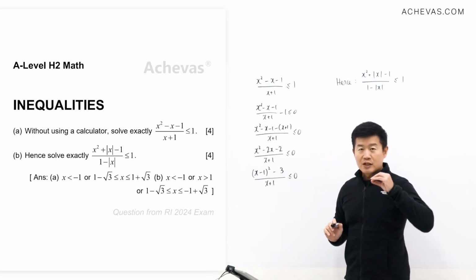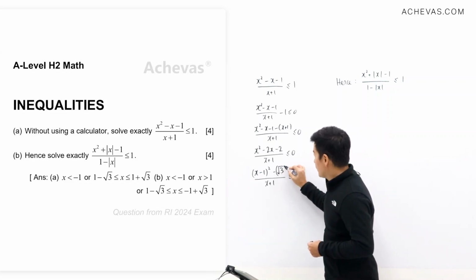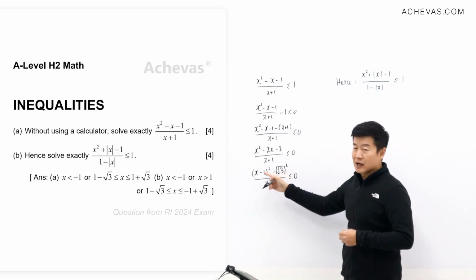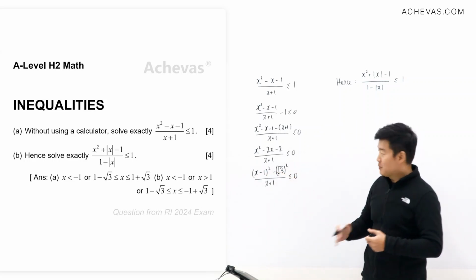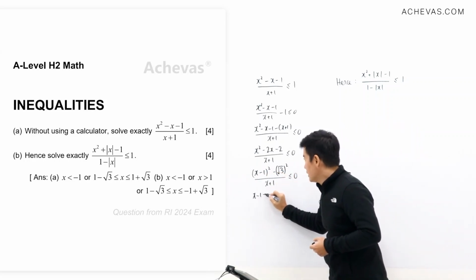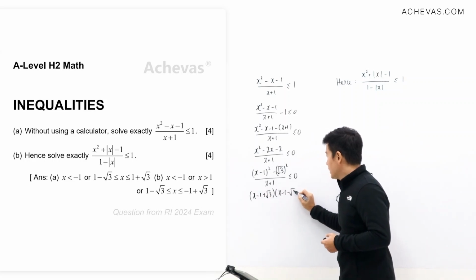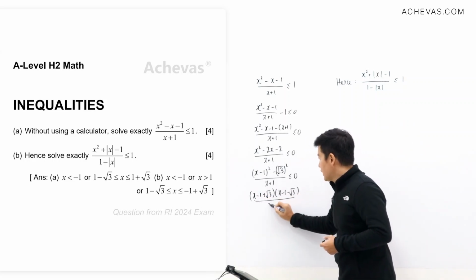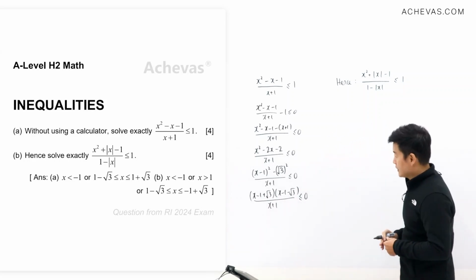And if we change our perspective to look at 3 as the square root of 3 squared, then we can apply a squared minus b squared, which will be (a plus b)(a minus b). So it will be (x minus 1 plus square root of 3)(x minus 1 minus square root of 3) divided by (x plus 1), less than or equal to 0.